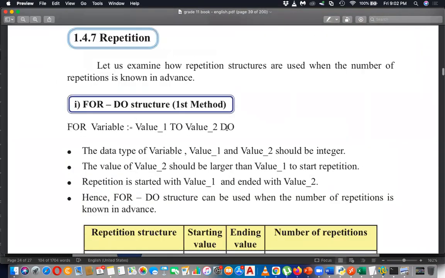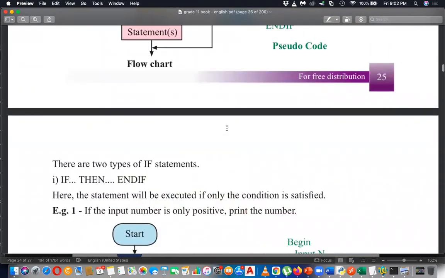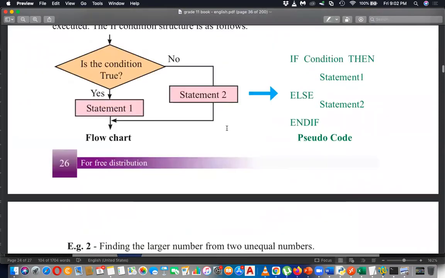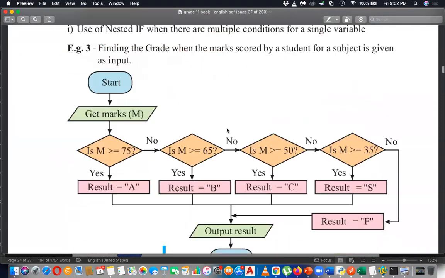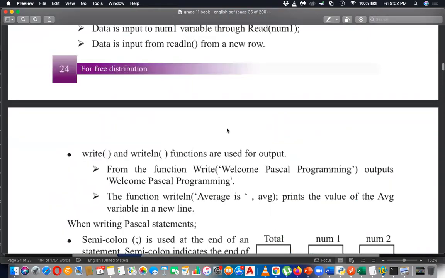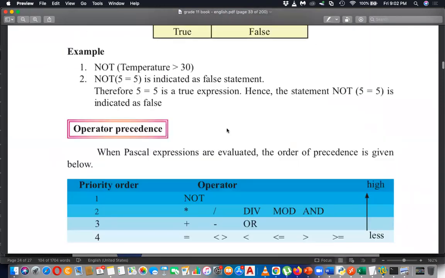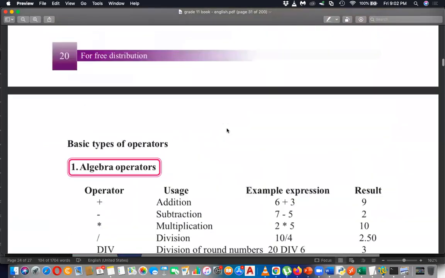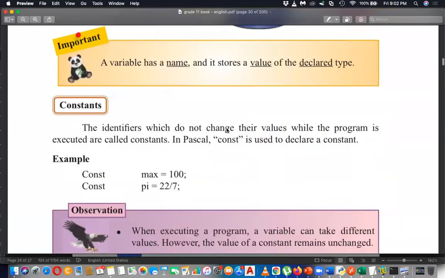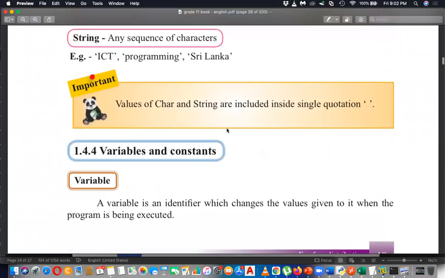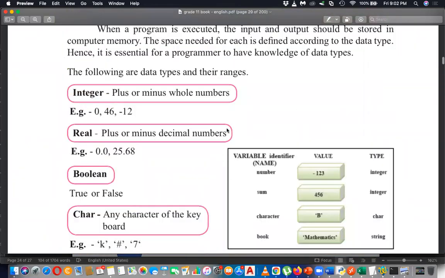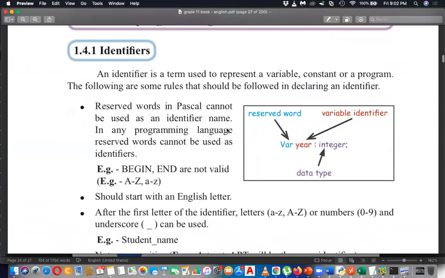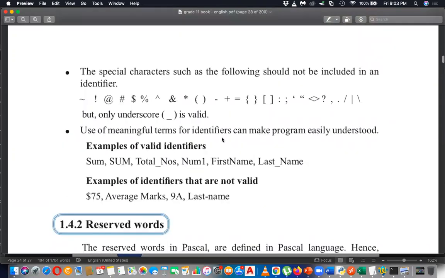Yes, this part, page number 18, 17. Page number 17.